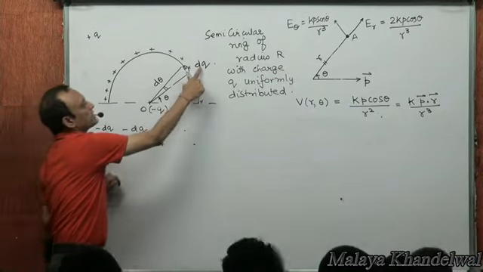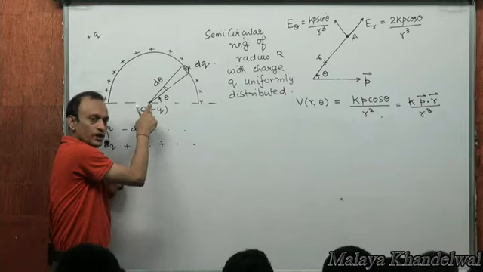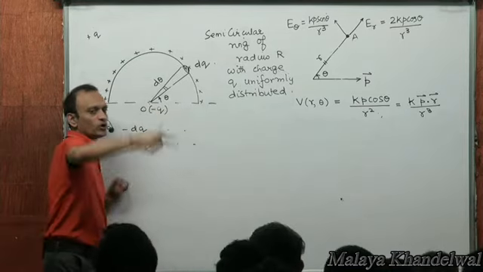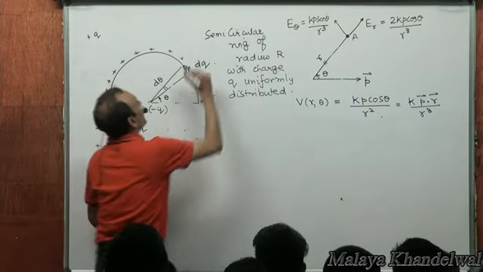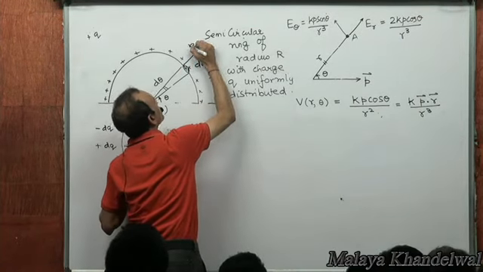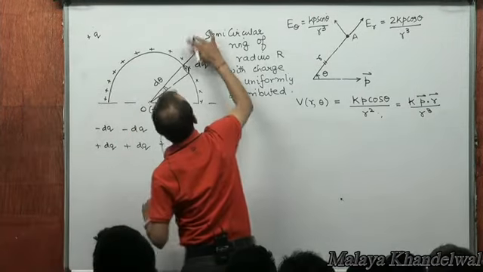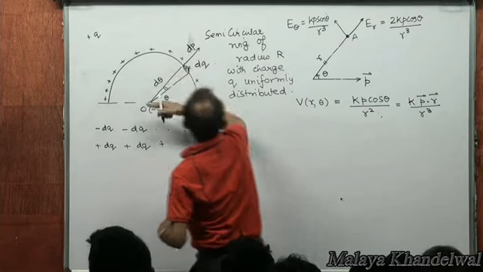Now, there is a plus dq here which pairs with a minus dq at the center, and this minus dq and plus dq will constitute a dipole, right? And that dipole moment dp would be like this.